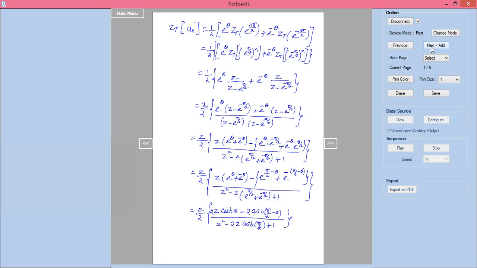This is the required solution, but here what are the common terms there? That one will take out.